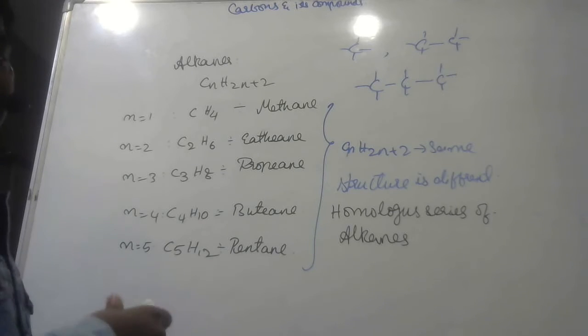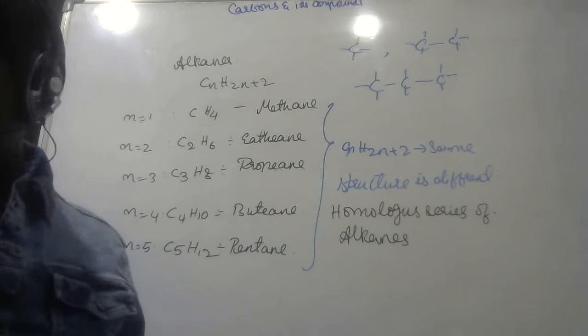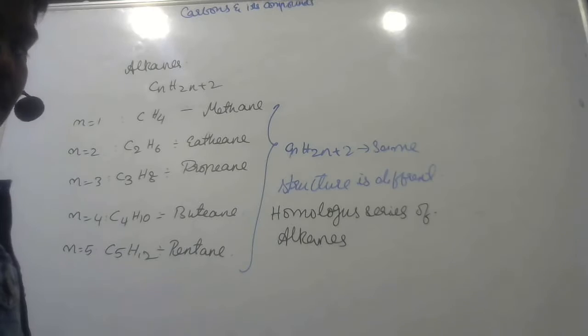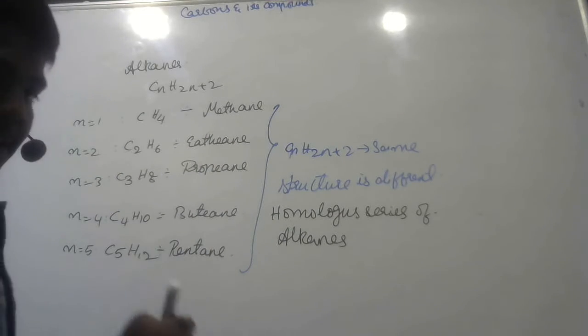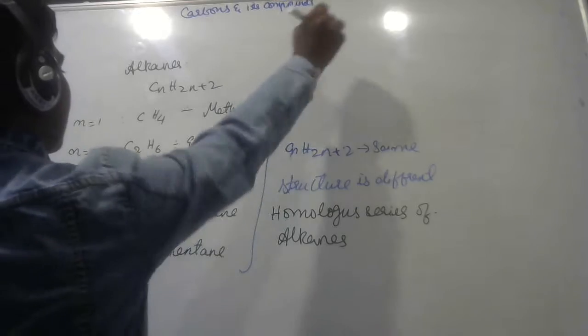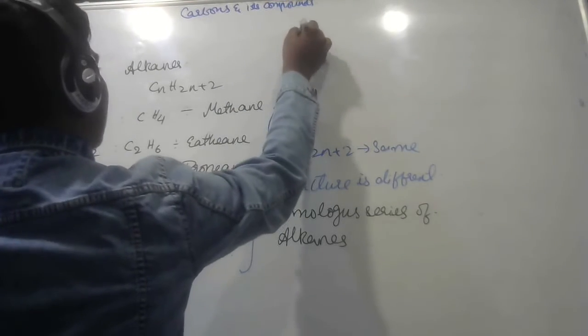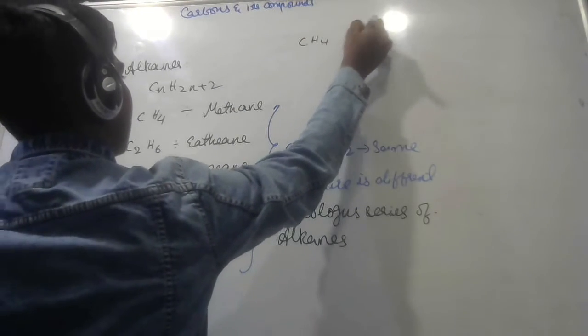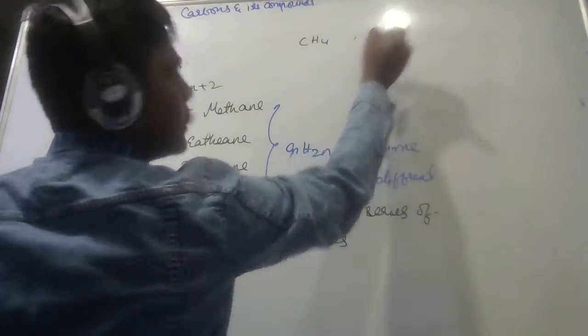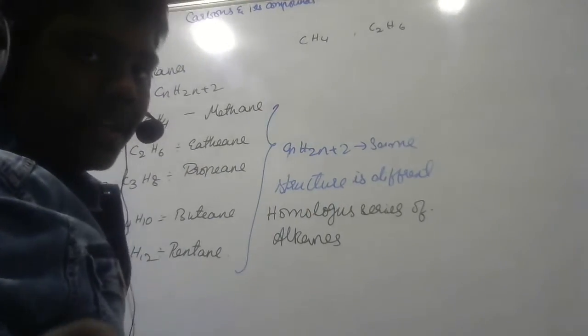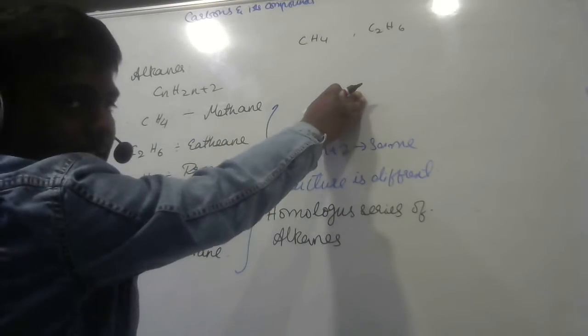Now let us see some characteristics of the homologous series. First, let me take methane and ethane. The formulas are CH4 and C2H6.